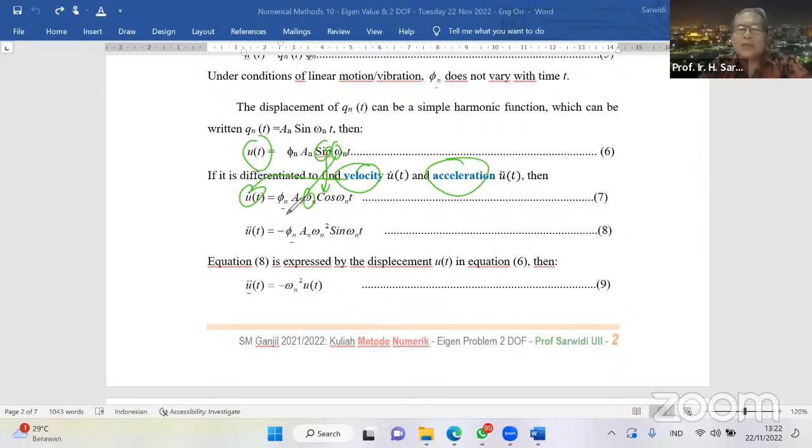Yeah, because we have 1, 2, 3, 4, 5 until n here, and then to become acceleration here. How about acceleration? Acceleration is the first derivative of velocity, the second derivative of the displacement.